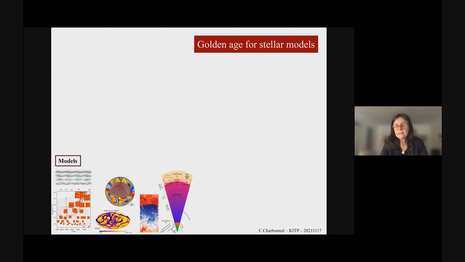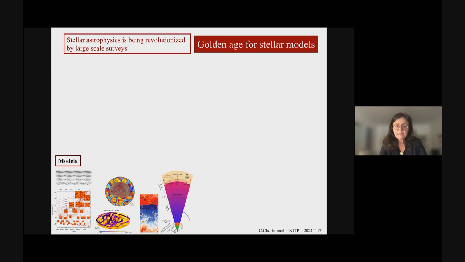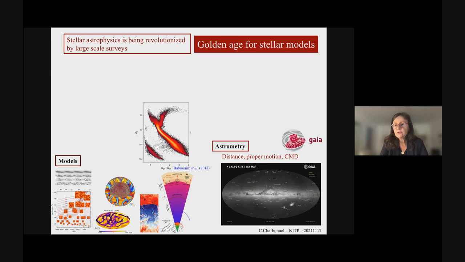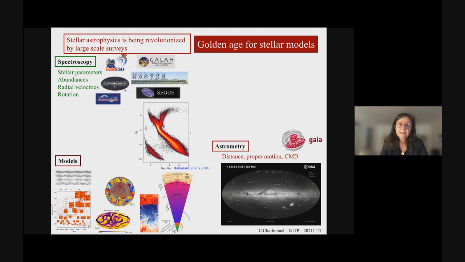So I mentioned that we are in the era of large surveys. We might be able to have new constraints. And actually, stellar astrophysics is revolutionized by these large-scale surveys. The first one, of course, comes from Gaia, which gives precise distances and proper motions of stars in the galaxy.